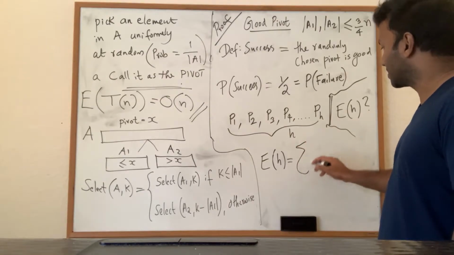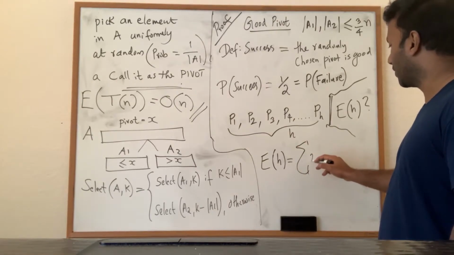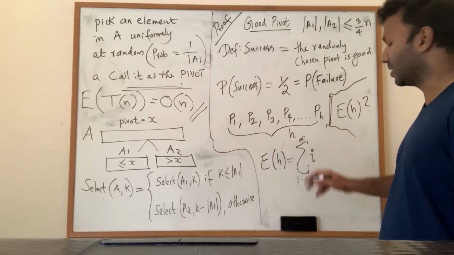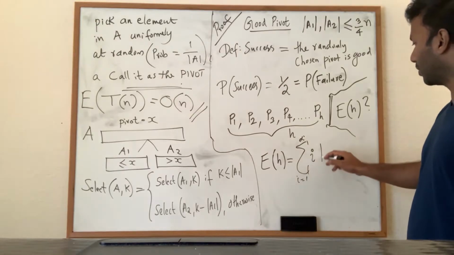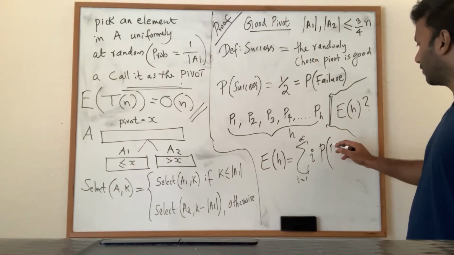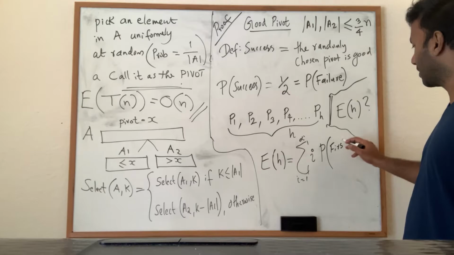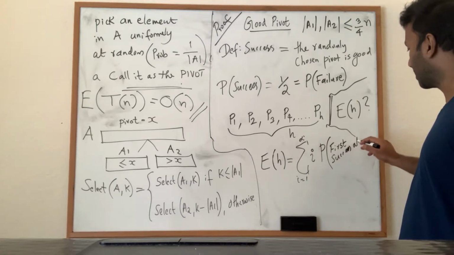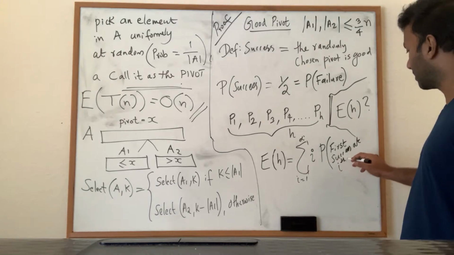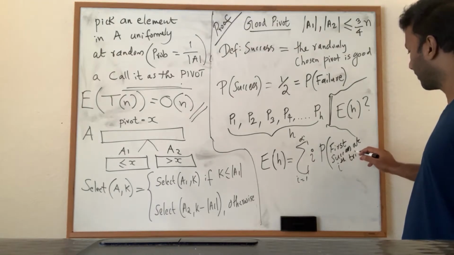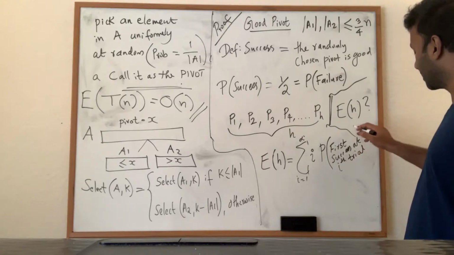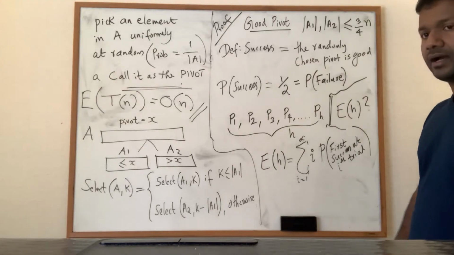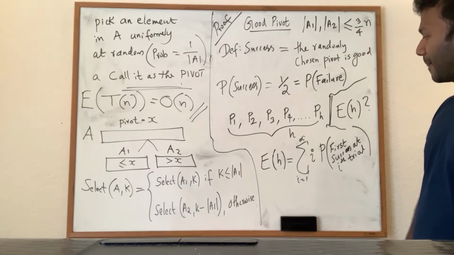It is sigma for i equal to 1 to infinity of i times the probability of the first success at the ith trial. So I can say something like this, right? You found the first success during the ith trial.